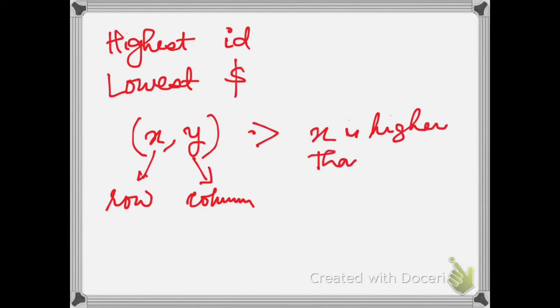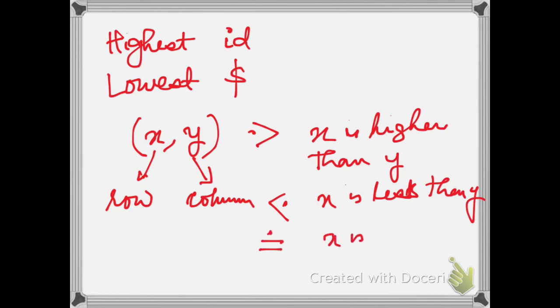X is higher, by higher I mean the precedence, than Y. So if X is higher than Y, then we use this symbol. But if the precedence of X is less than the precedence of Y, then we use this. And if they're equal, then we put equal. X is same as Y.